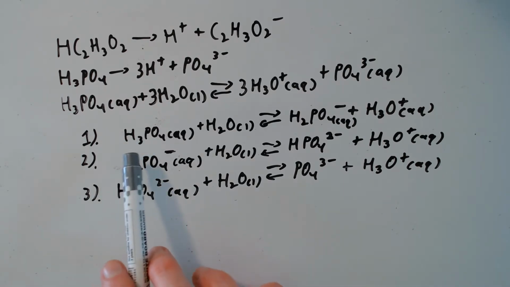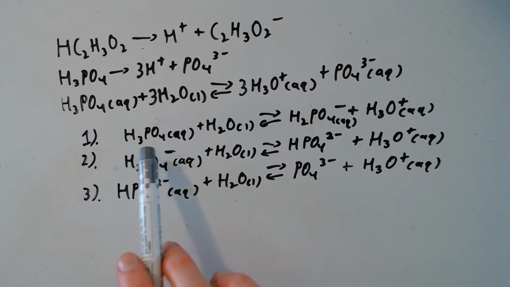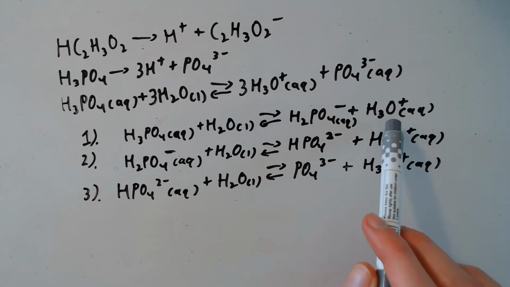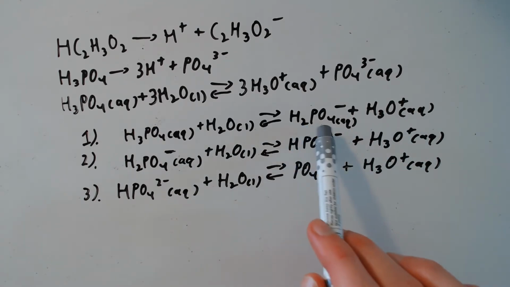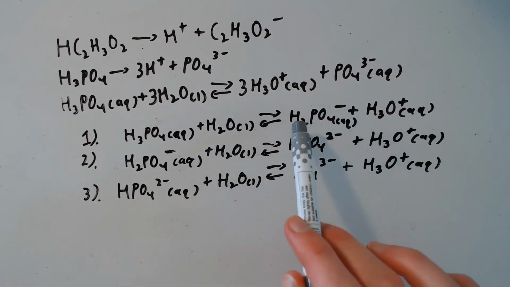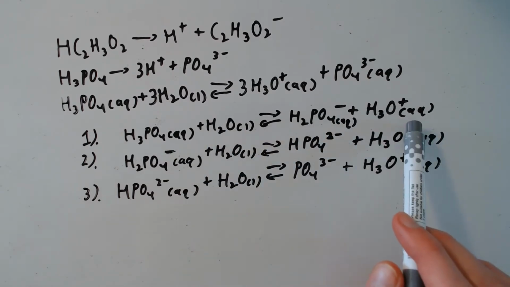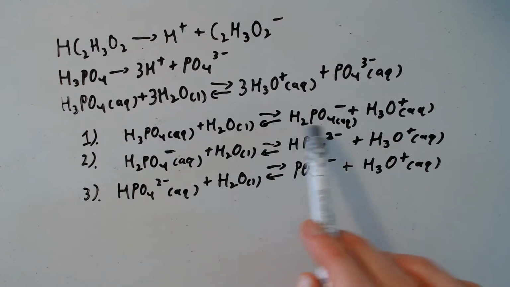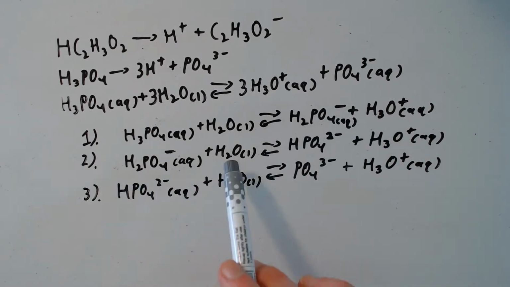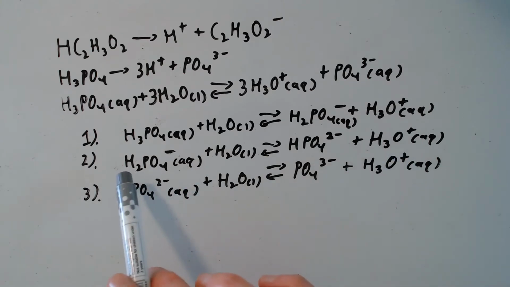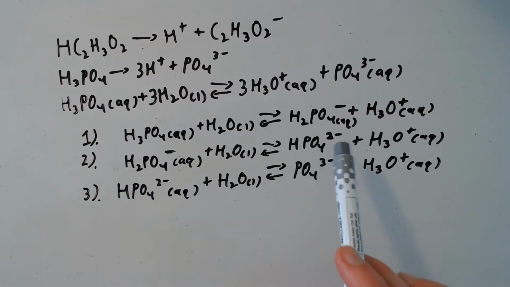So in the first step, the H3PO4 gives an H to the H2O, forms an H3O plus, and gets left with this H2PO4 minus, which lost an H to the H2O, which made H3O plus. Then this H2PO4 minus can lose another H to the H2O to form another H3O plus, and this H2PO4 minus now becomes HPO4 2 minus.